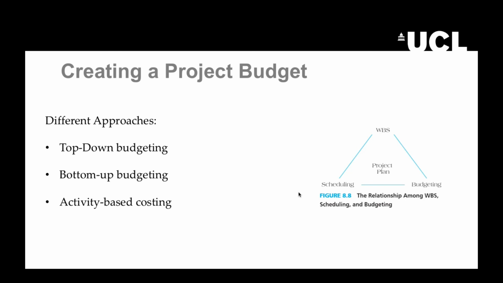But maybe a very good practice, at least for construction projects, is to use activity-based costing, which is basically to allocate the cost for the different activities, for the different tasks that we have already identified through the scoping process, through the development of a well-detailed work breakdown structure.